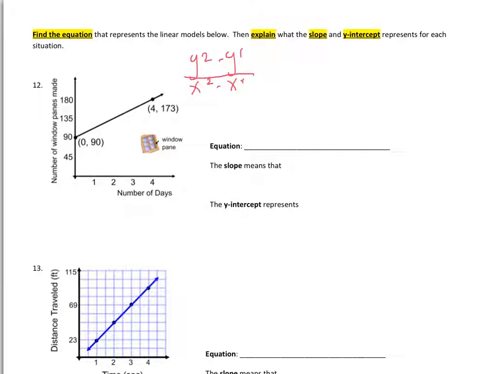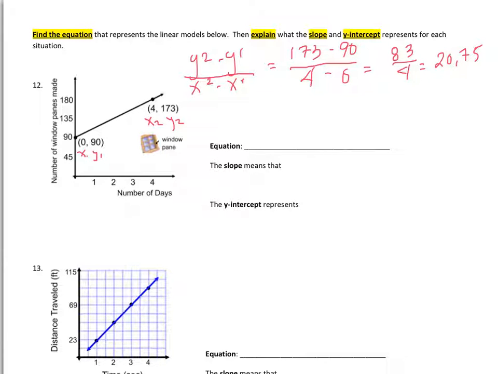And in case you're wondering which is which, you always go left to right: x1, y1, x2, y2. y2 is 173. y1 is 90. x2 is 4. x1 is 0. That gives us 83 over 4, which is the same thing. You go ahead and divide it out as 20.75.